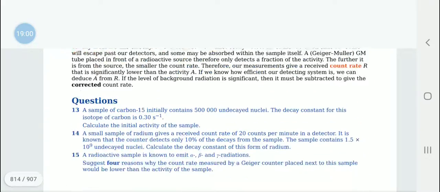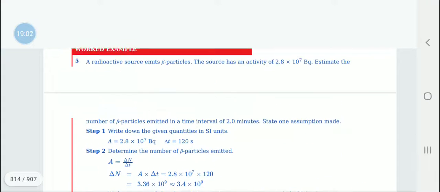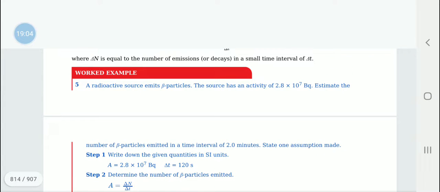Now let's look at this worked example. A radioactive source emits beta particles. The source has an activity of 2.8 × 10⁷ becquerels. Estimate the number of beta particles emitted in a time interval of 2 minutes, and state one assumption made.